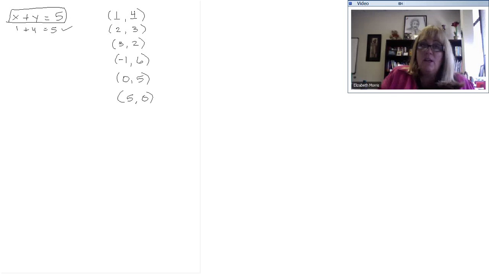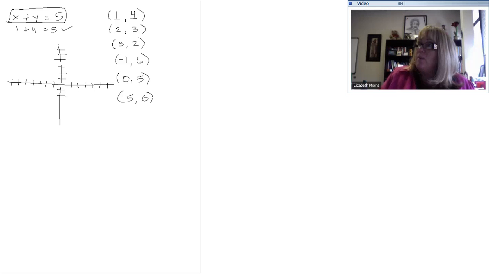So when you get an equation that has two variables, you don't write down the answers. You do something else. What I want you to realize is, if I were to take all of these answers, which are in the form of coordinate points, and graph all of these points, what do you think it's going to look like?